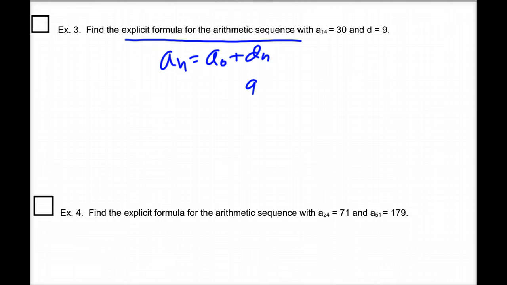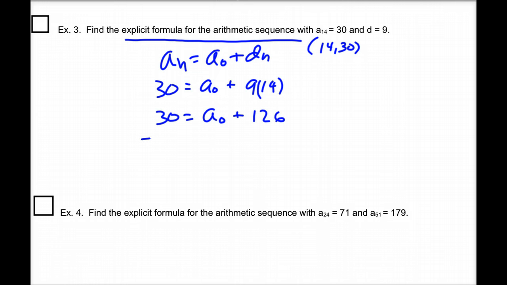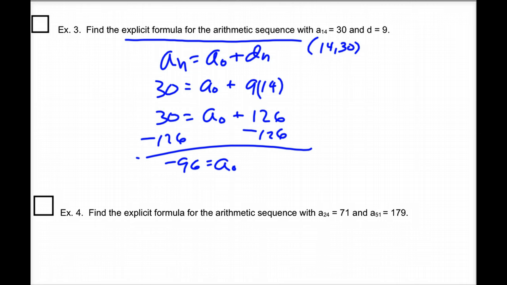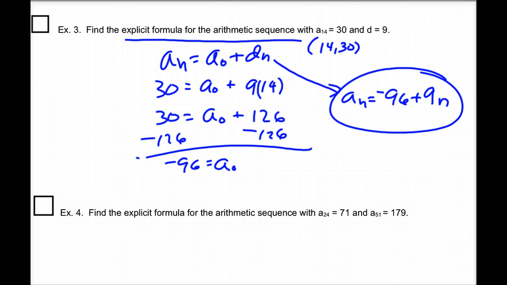I've got D is 9, and here I'm telling you the 14th term is 30, so I'm going to plug in 14, we plug into the right-hand side, and we get out a 30. 9 times 14 is 126, subtract 126, get negative 96, and our formula then would be A sub n equals A0, which is negative 96, plus dn, and d is 9. There's our explicit formula there.